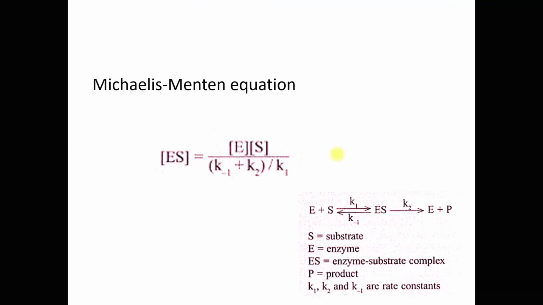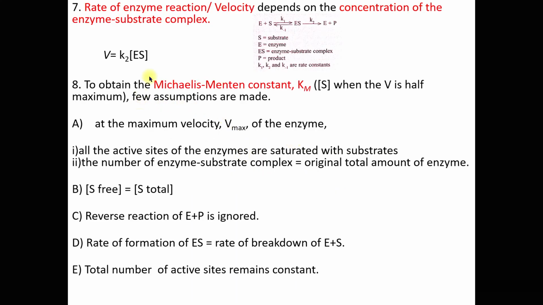So from there, they came up with this Michaelis Menten equation. Okay, so kita sudah belajar Michaelis Menten plot, Michaelis Menten formula, and then velocity equals K2 times enzyme substrate complex concentration.